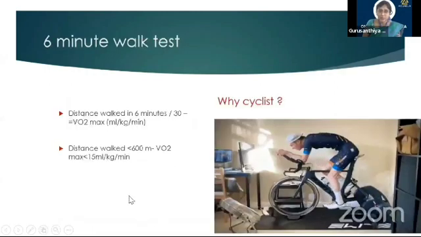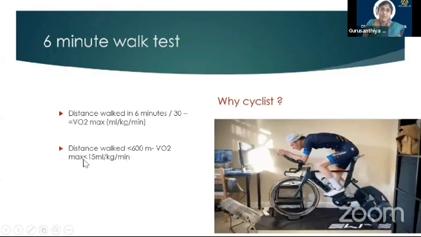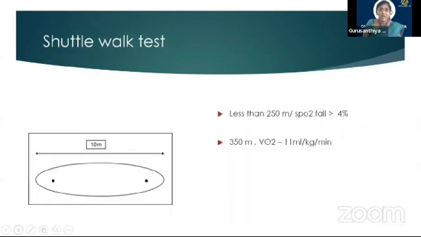And then the 6-minute walk test. If the patient walks less than 600 meters, then the VO2 max is going to be less than 15 ml per kg per minute. This I have put because the maximum VO2 max is for a cyclist, Lance Armstrong, which is given in Miller, and please go through it. And the shuttle walk test: you keep two shuttles at a distance of 10 meters.